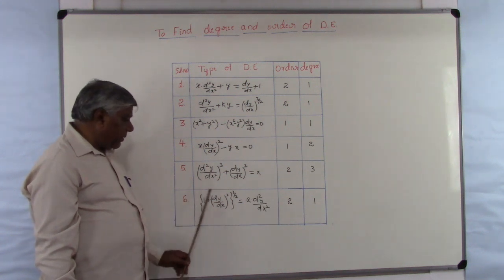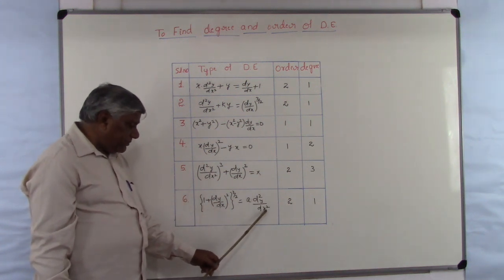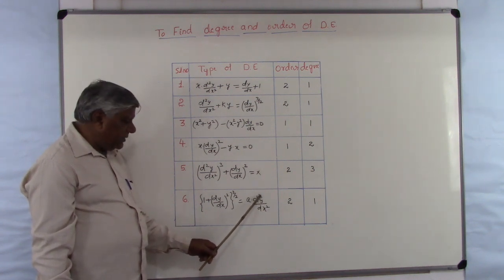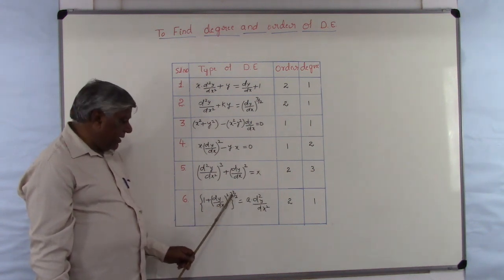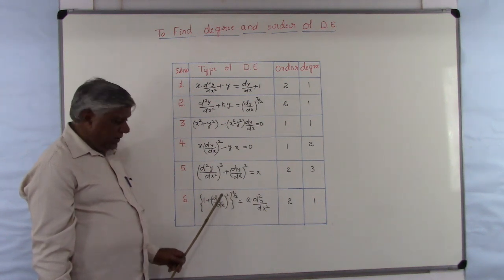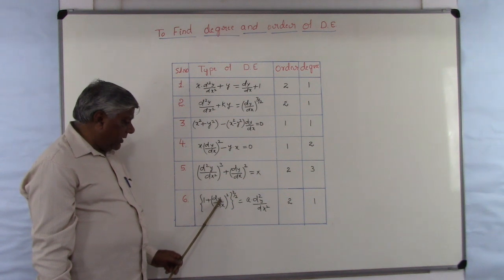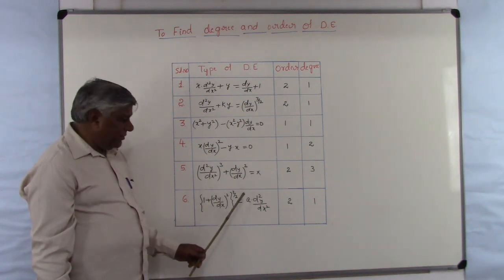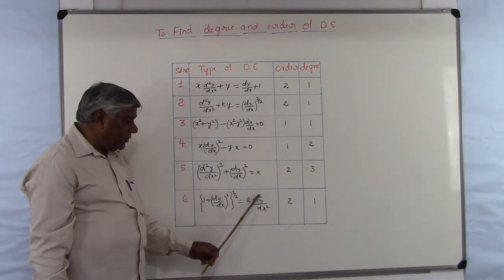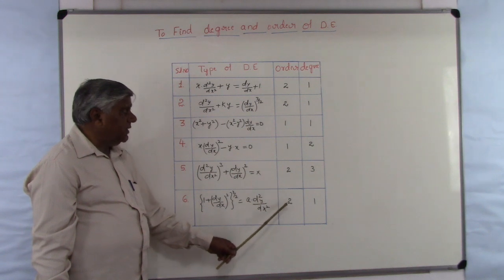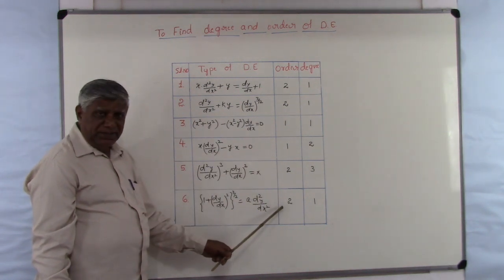In the sixth problem, we have the highest order as 2. But because this 2 and this 2 get cancelled, dy by dx whole cube. So here you cannot say the degree, the order is 3. Because the highest derivative is called the order, that is, 2 is the highest order.